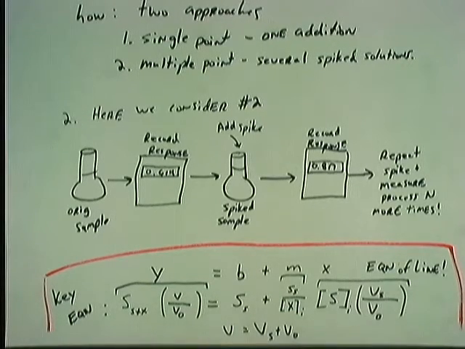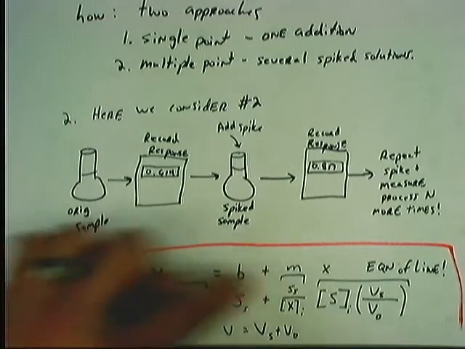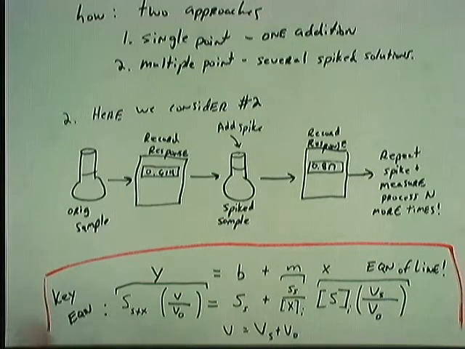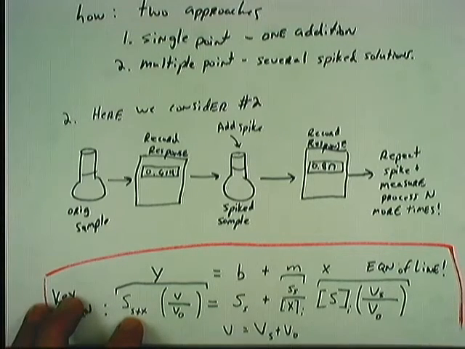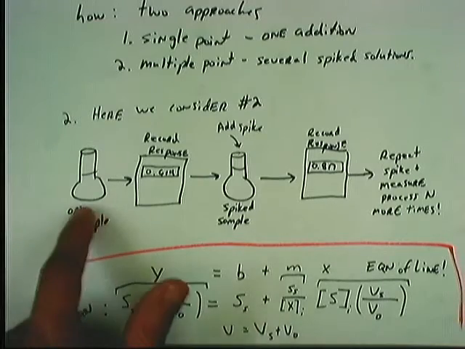Now the key to this equation, as it turns out, is it's a line. And I've tried to show you that by writing the y equals mx plus b form of the line up here at the top. Okay, our y variable is this product, the product of this volume ratio times the S sub S plus X. Our b, which is our intercept, is this, the S sub S. That's the signal produced by the original sample.